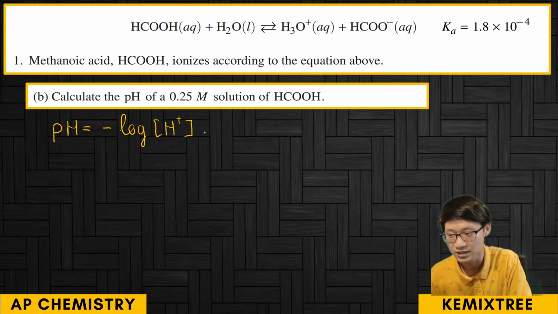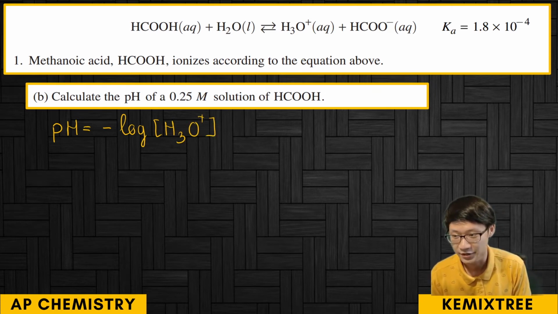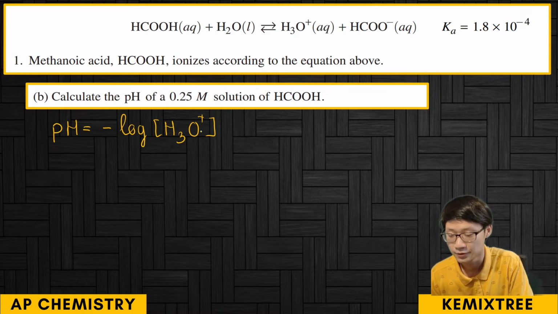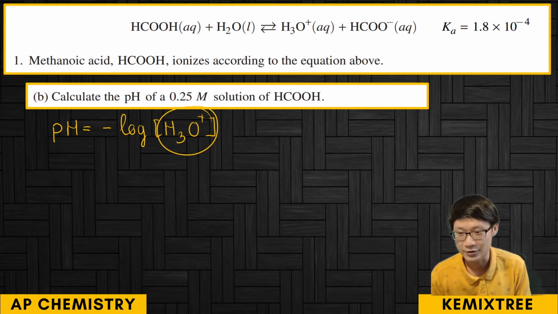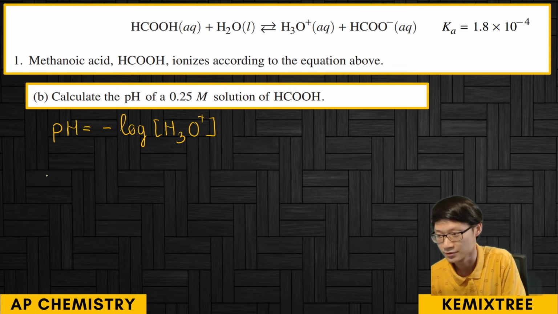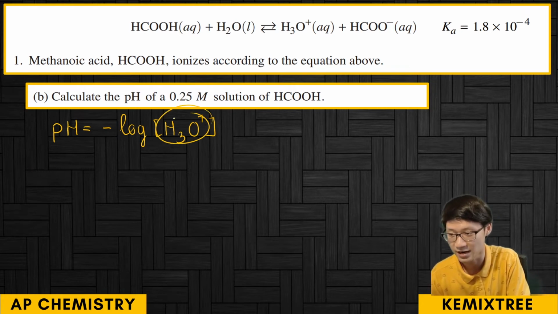Some people will say we have hydronium ion here, and we can write hydronium ion instead of proton. The second thing is we have to know how much the concentration of hydronium ion is, so we have to calculate it.